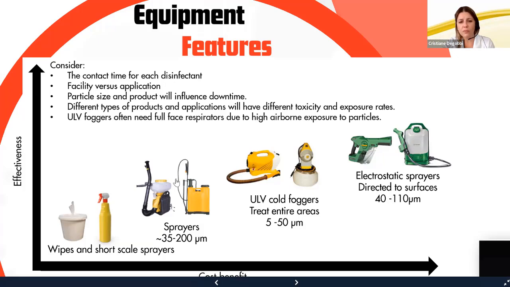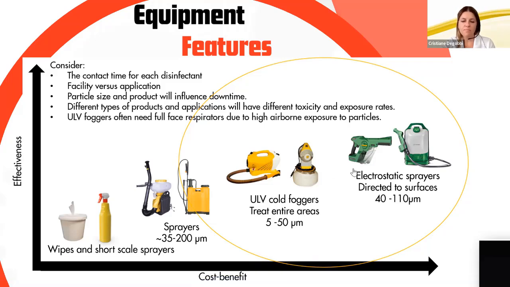So you can have problems with drippings or damaging surfaces with this one. I advise you to use either ULV cold foggers or electrostatic sprayers. The one that I like the most are electrostatic sprayers, but I know that they can be more expensive.